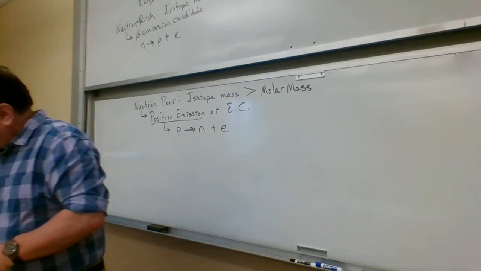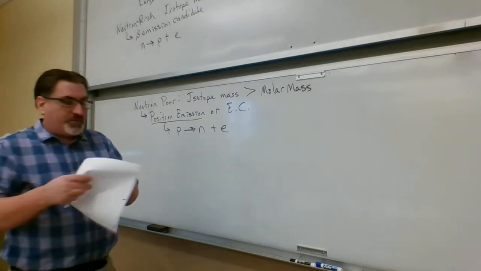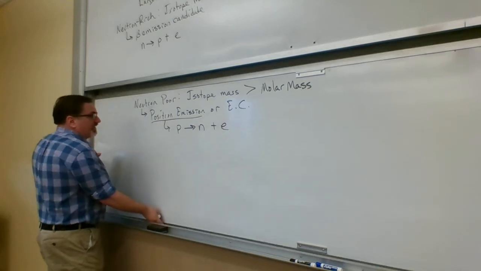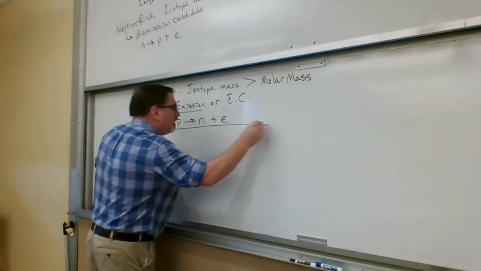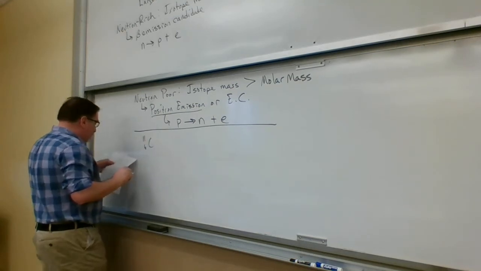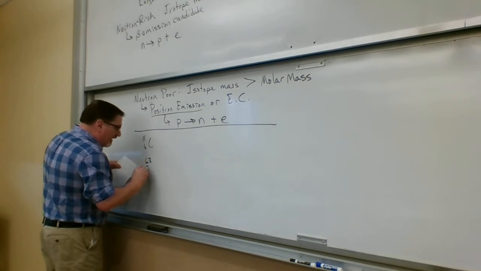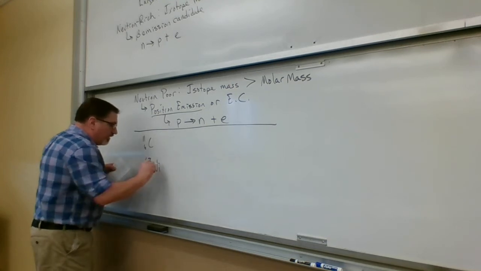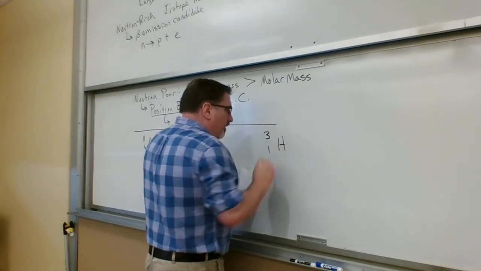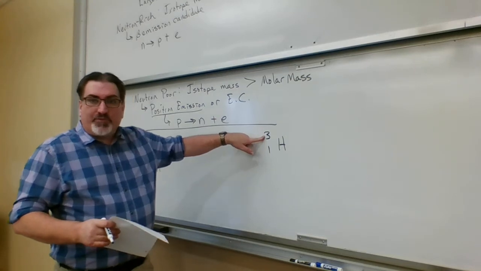So now we're going to look and assign neutron-rich or neutron-poor to some isotopes. A couple of them we might have seen before, but we're still going to do some predicting. So we've got carbon-11, nickel-63, and hydrogen-3, which is referred to as tritium, tri for 3.